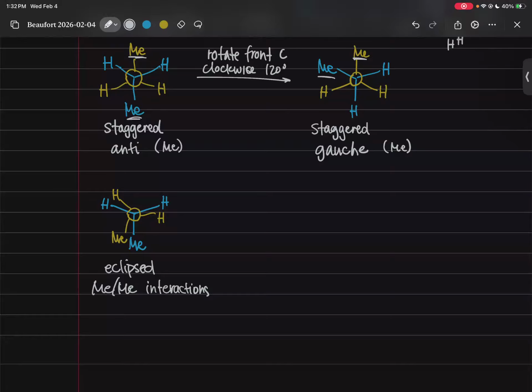So we can do the same transformation here. Rotate the front carbon clockwise or counterclockwise, or rotate the back carbon. It really doesn't matter at all what rotation you do. You just have to do something to it.